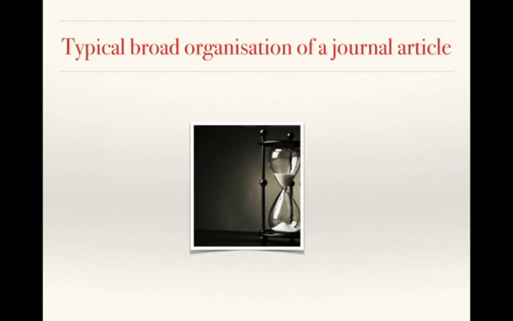So, the typical organization of a journal article resembles an hourglass. I hope you have all seen one, where you have like the introduction, the methods, the results, and the discussion.